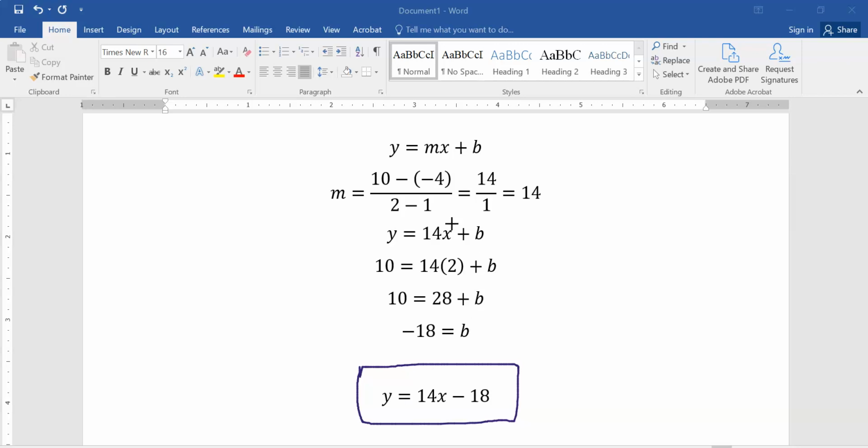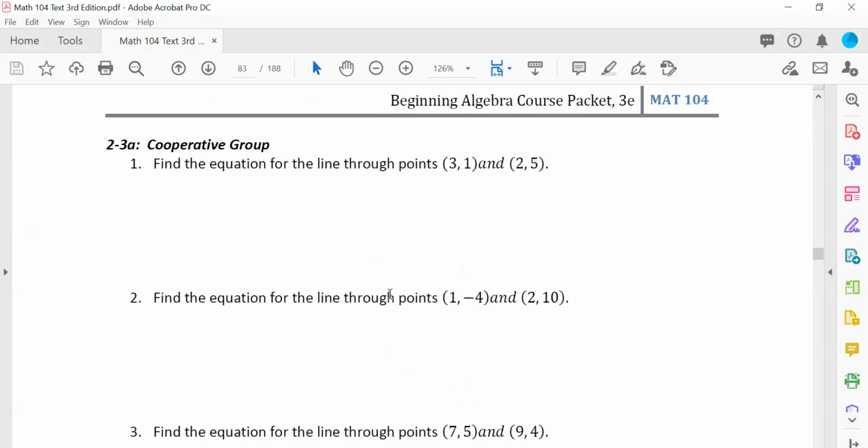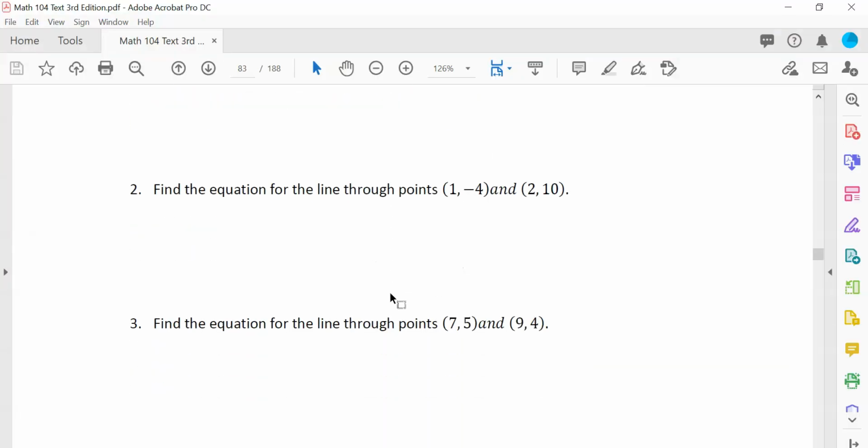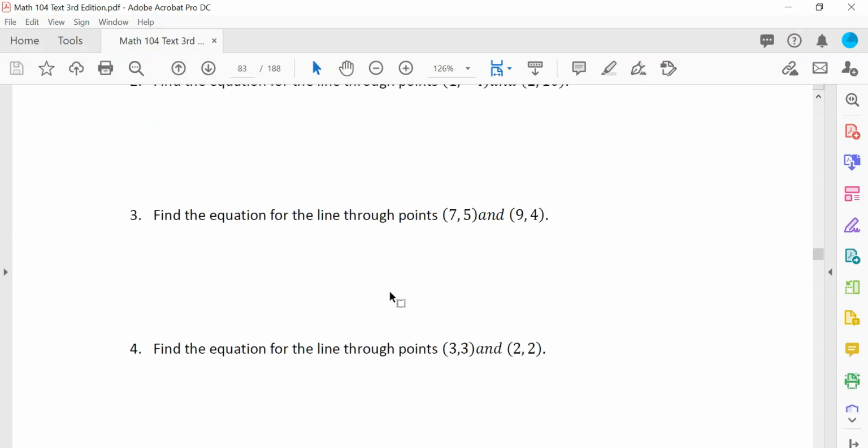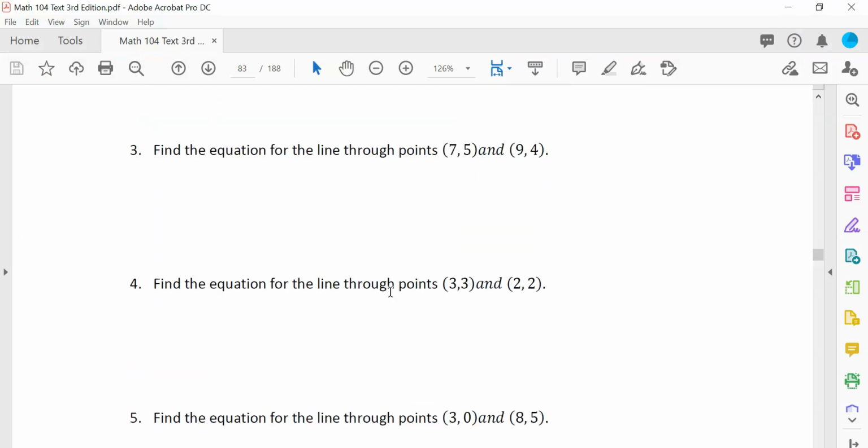All right, so those are the first two problems of the cooperative group work. Obviously, sometimes our slopes can be fractions. Sometimes our b's can involve fractions. And in those types of cases, we have to make sure that we write them in the correct way, whatever the problem asks for, whether it says improper fraction or decimal or mixed number, those types of things.